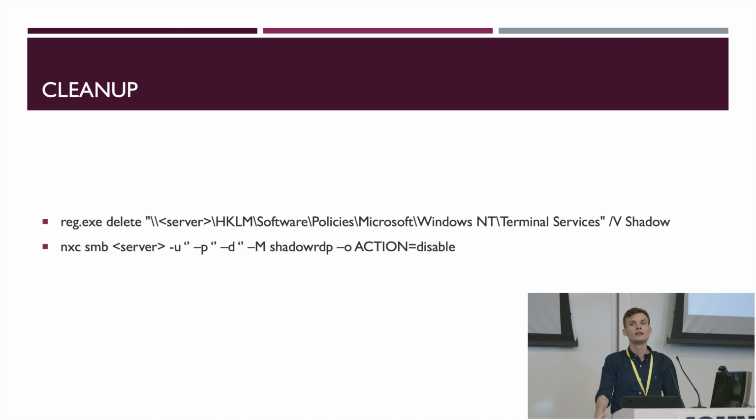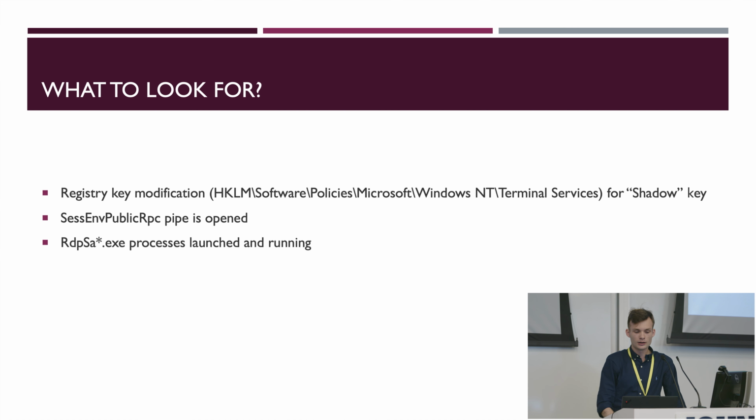If you are working on a defensive side, you need to be aware of this specific shadow key. It's just one key to monitor, come on. You also can monitor for the sys and public RPC pipe being accessed. To be honest, I don't know if there is any other use case for this specific one.